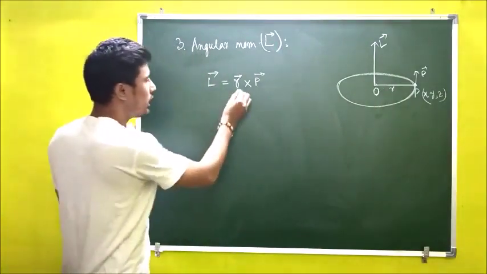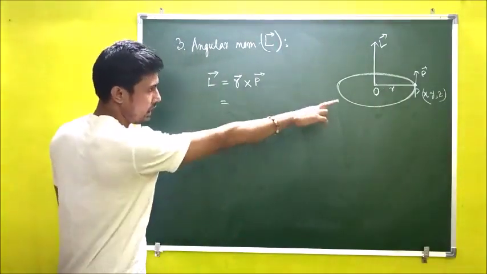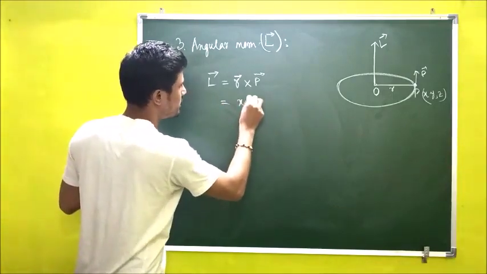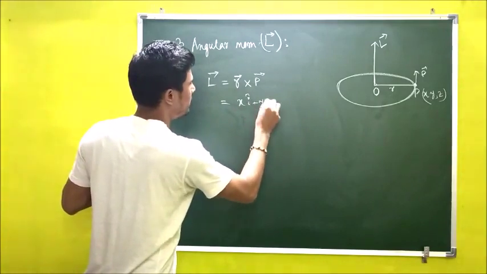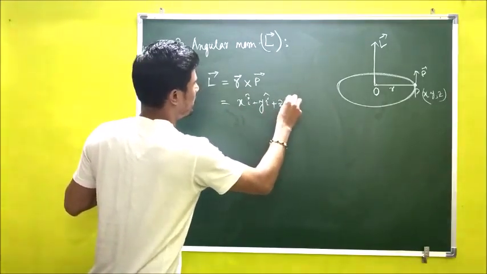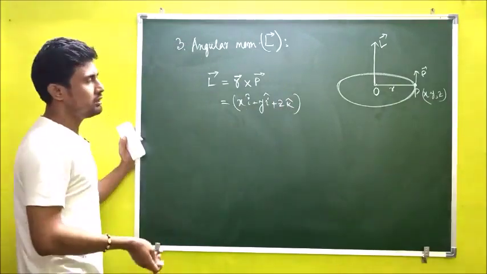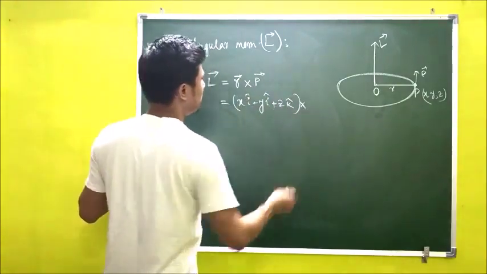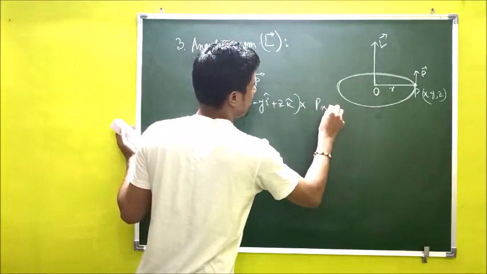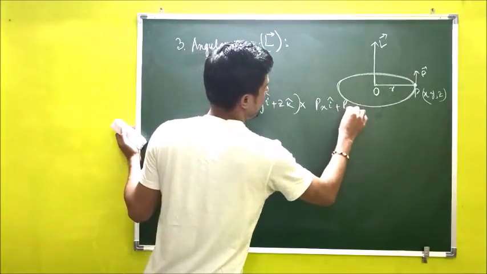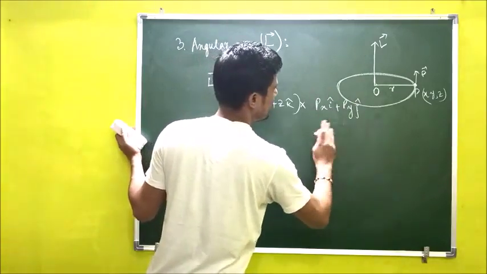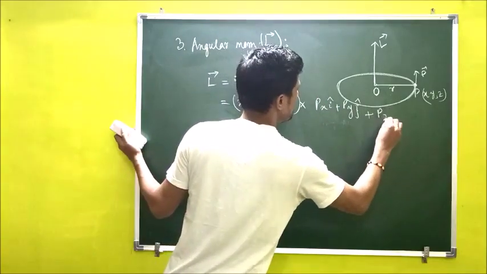We know that for a particle at x, y, z, the position vector is given by x, y and z, and the linear momentum vector is given by px, py and pz.